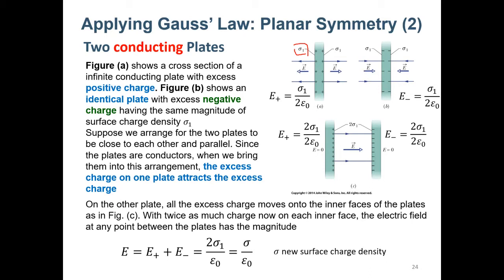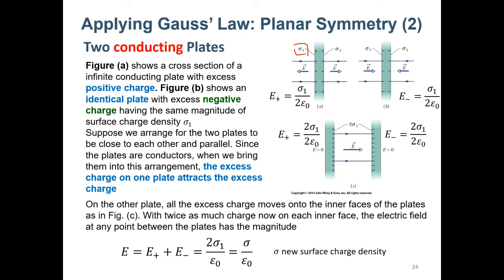And now we place them close together, without touching, of course. We assume that they have the same amount of charge, but without touching. If you touch them together, then all the charge will be cancelled. So we only place them close together, so that the positive charge and the negative charge will attract each other.